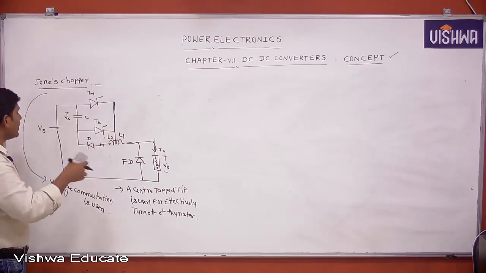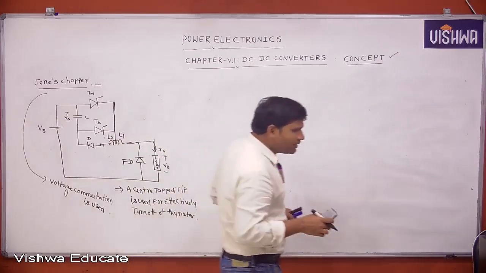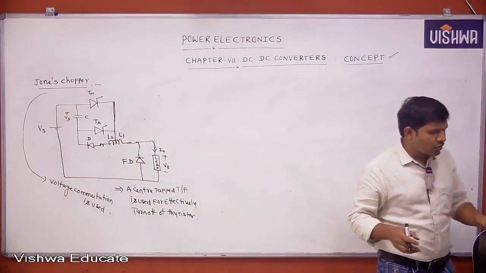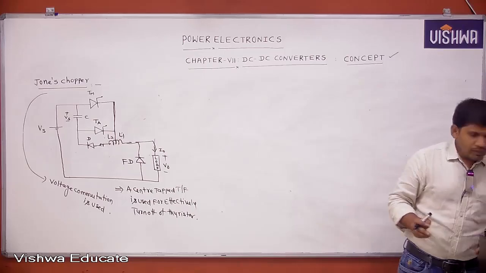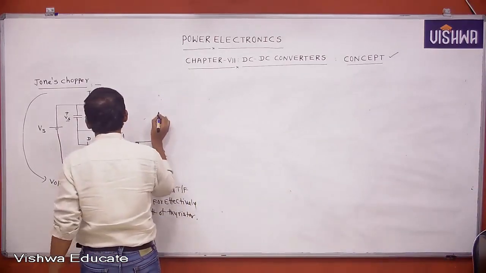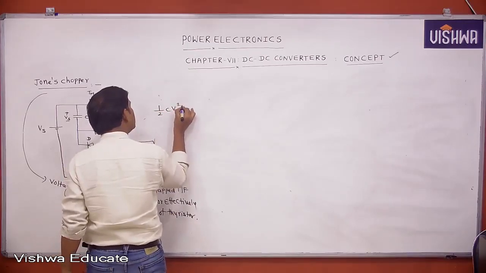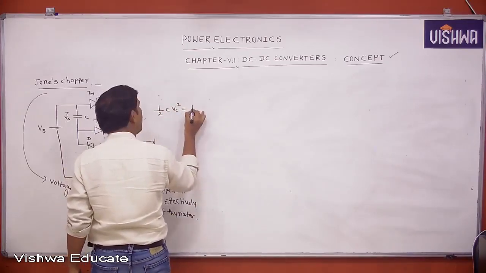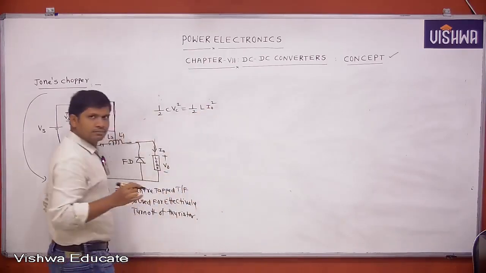This is about what exactly the Jones chopper is. The remaining analysis is similar to that of the voltage commutated chopper. If you want, write one or two points here. The energy transferred because of the mutual inductance is half C Vc square equals half L I0 square.